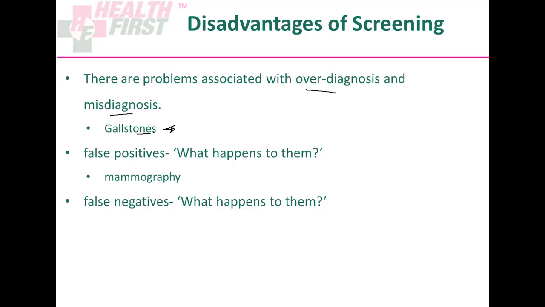With false positives and false negatives, think of what happens to these two groups of patients, right? Let's take a mammography, for instance. If we know that young women between the ages of 20 to 30, 35 can get breast cancer, right? But the probability or the chances are very low, and the sensitivity of mammography is low because younger women have denser breast tissue.